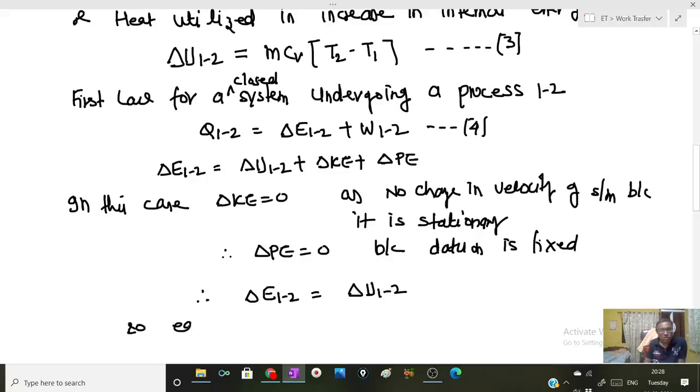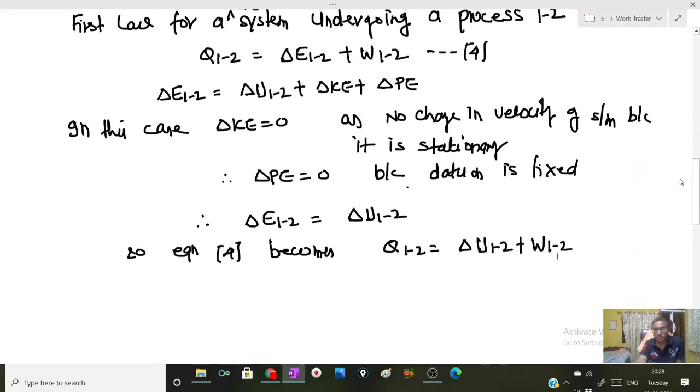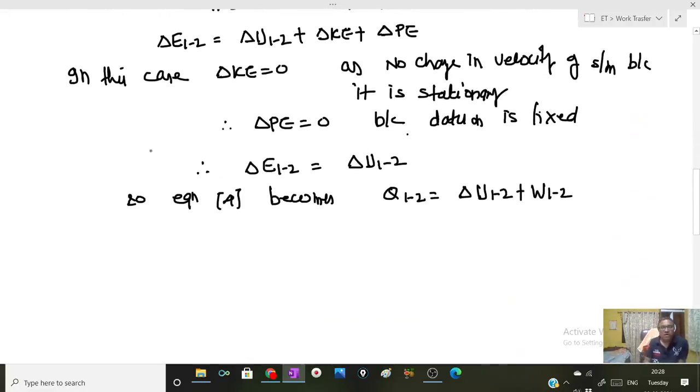So equation 4 becomes Q1 to 2 is equal to delta U1-2 plus W1-2. Now this is the first law applied to the heating process 1 to 2.